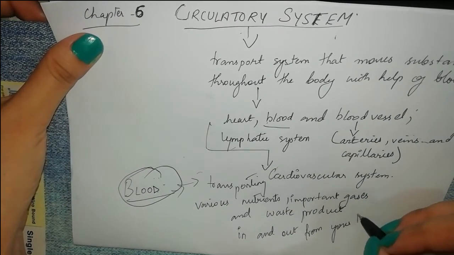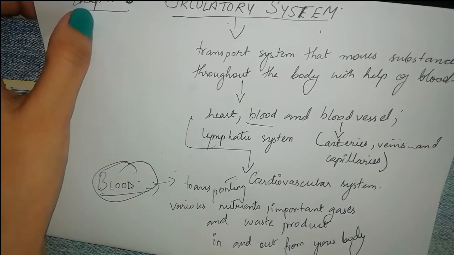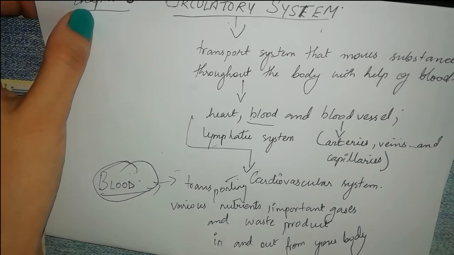What do you understand by in and out? That means in indicates your various nutrients and important gases, which are transported inside your body. And the waste products that are not required by your body are removed outside from your body.